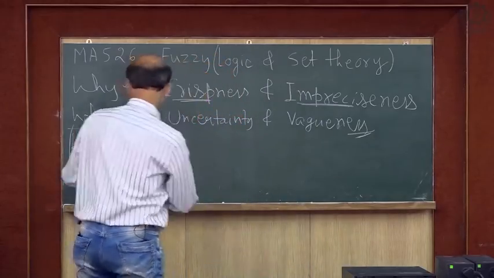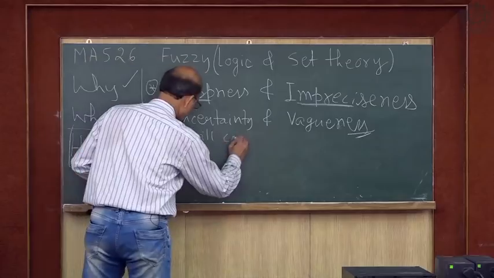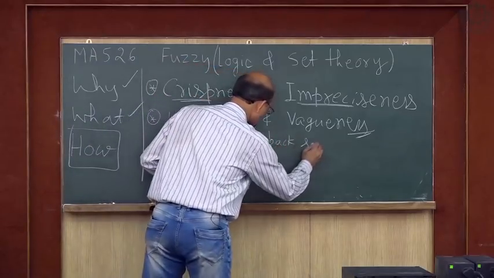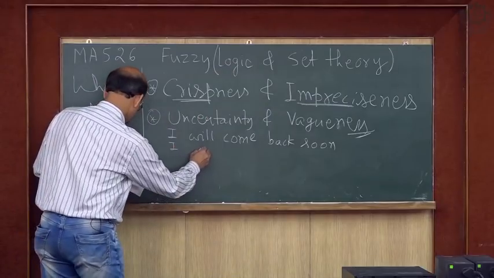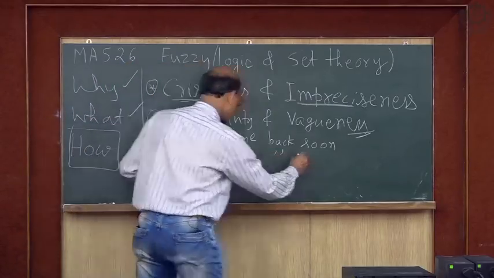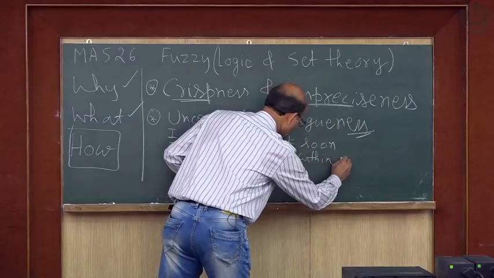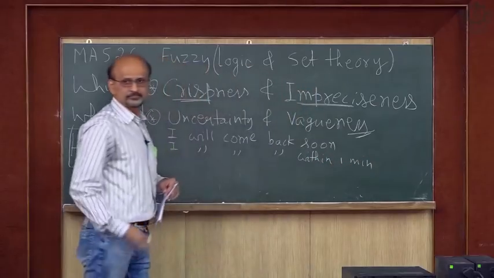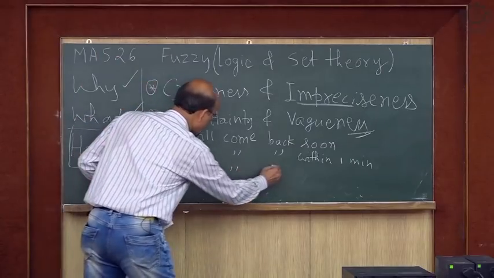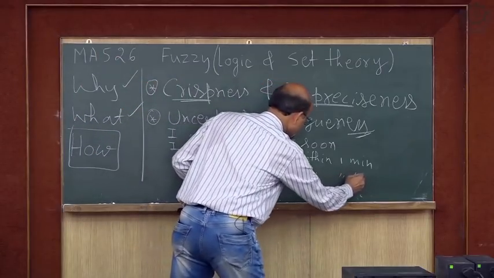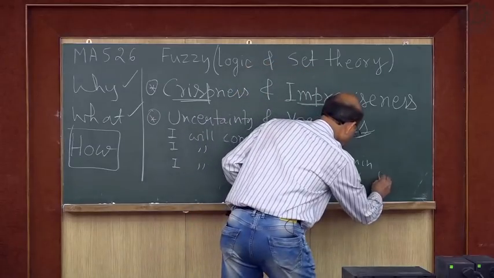So, if I write "I will come back soon", this is one statement. The next statement is "I will come back within 1 minute." This is another statement. The third sentence is "I will come back within 1 minute from 2 p.m."